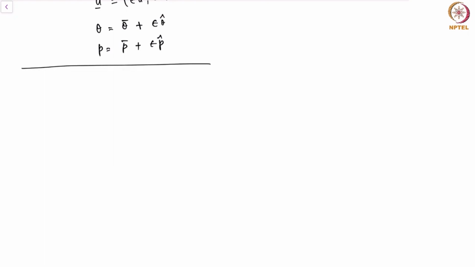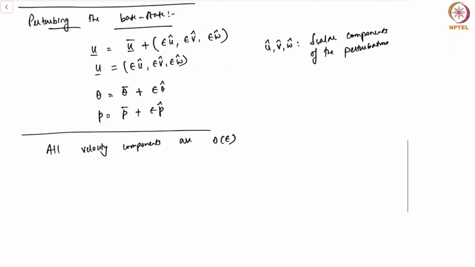Okay, so all velocity components are order epsilon, right? Because you can clearly see that there is no mean flow, there is only a perturbation of epsilon velocity components.